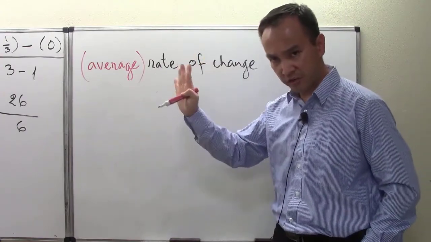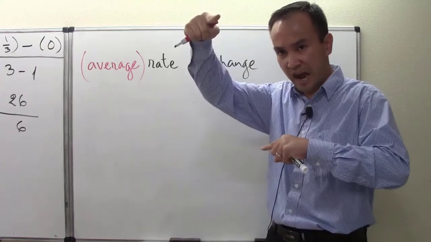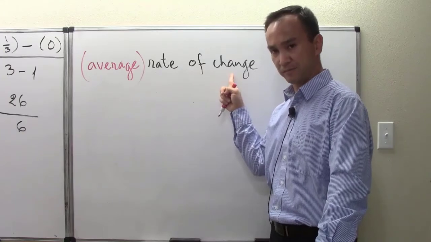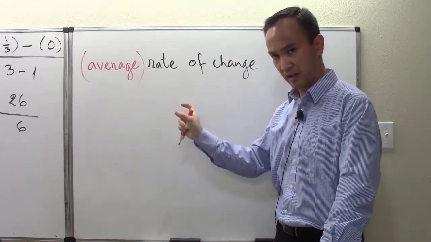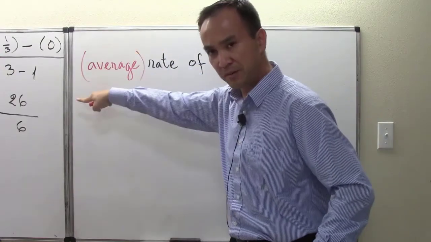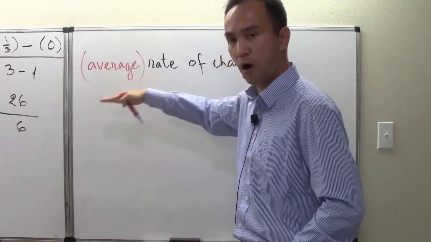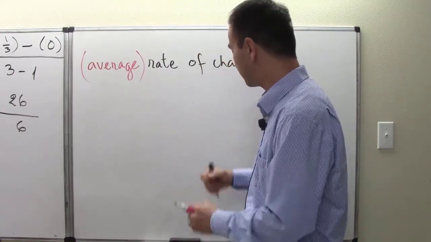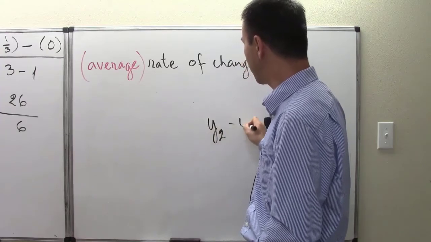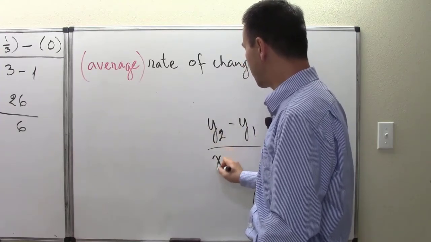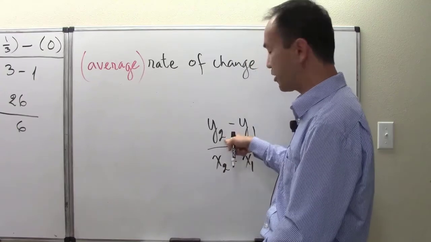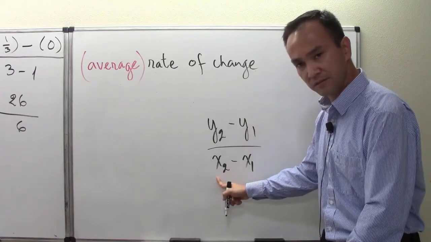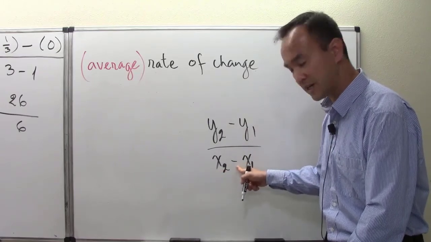In the end, it's a rate of change. It's how fast the change in the output is per unit of change in the input. But now, to be even more precise, all of those rates of change we have done, this kind of rate of change right here, y2 minus y1 over x2 minus x1, final outputs minus initial outputs over final inputs minus initial inputs.